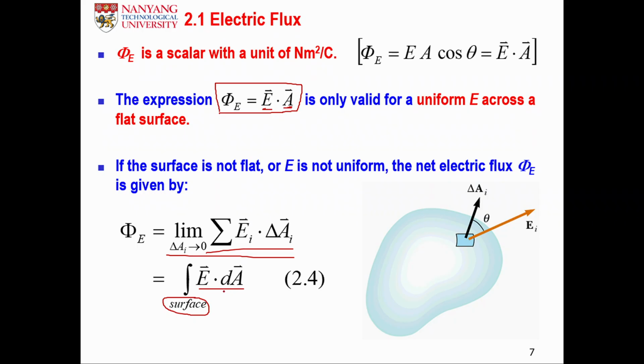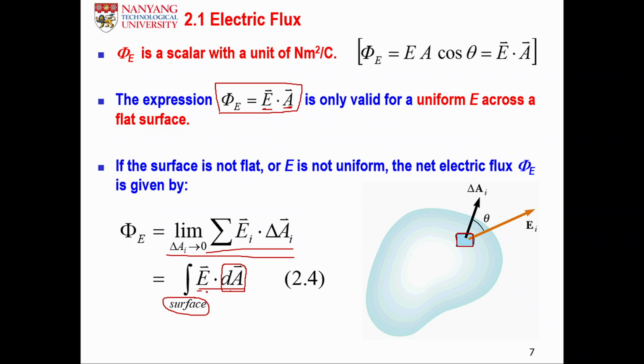basically you create a tiny surface dA. As long as this dA is small enough, then for sure the electric field E within dA must be uniform. So let's say you create this kind of infinitesimal surface dA. For this surface, both E and A must be uniform.